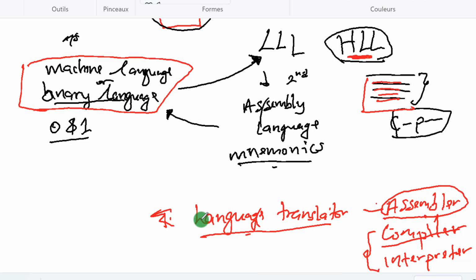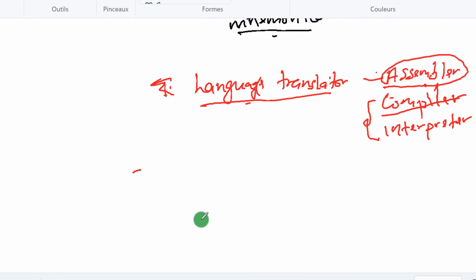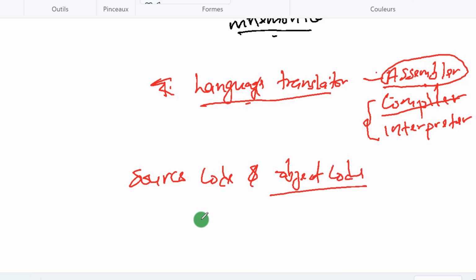Good. Now the next thing I want to mention, which is very important, is the concept of source code and object code. It's very important to understand all these terms before we start C programming. Good. Now, the source code here is the original code written by a programmer.